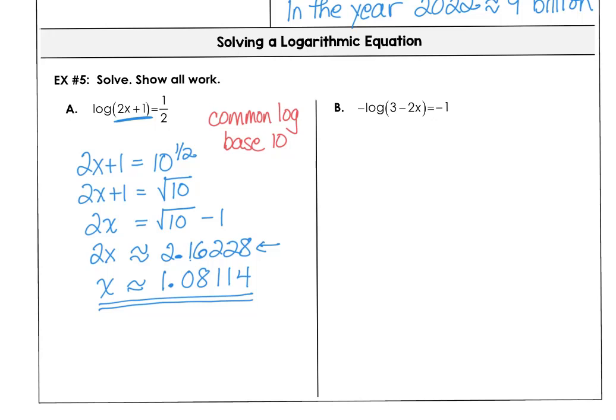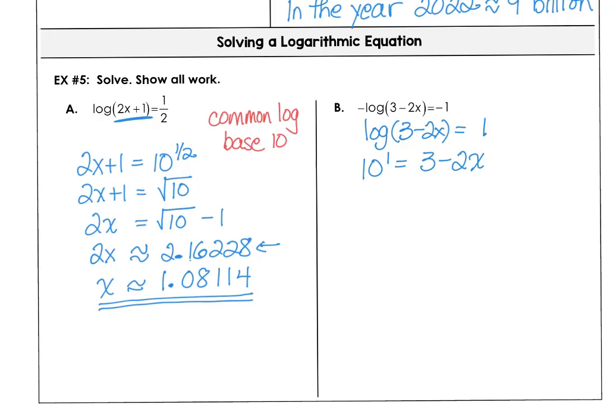In part B, we're going to divide both sides by -1 to get rid of the negative. And that would equal +1. And then again, we got base 10, so 10 to the first power is equal to our number, 3 minus 2x. And if we subtract 10 from both sides, that gives us 7.